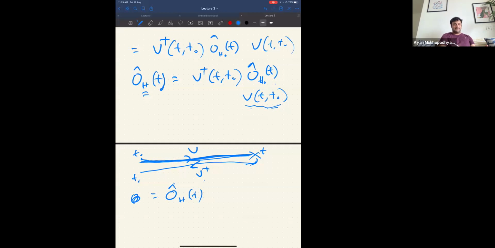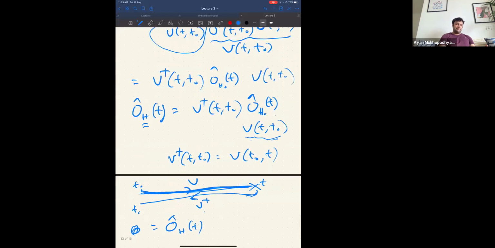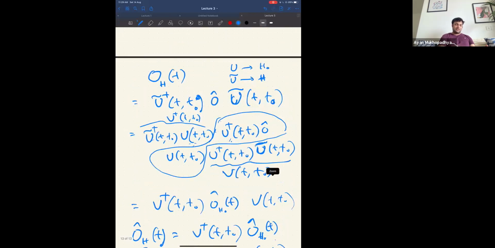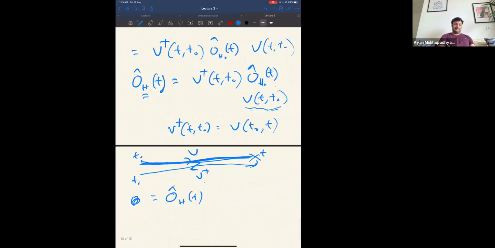So V dagger(t, t naught) is nothing but equal to V(t naught, t). You can easily see that, because this U is the opposite of U dagger, and U dagger is the opposite of U. So it's then easy to see that this is true.